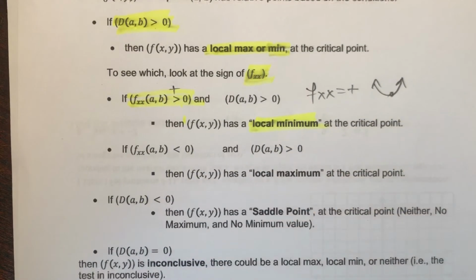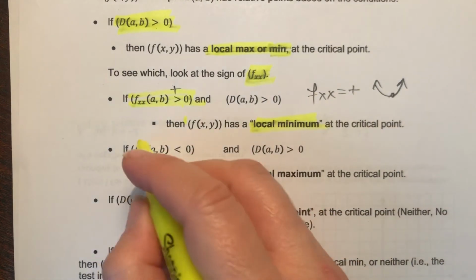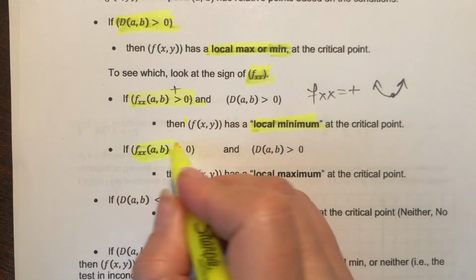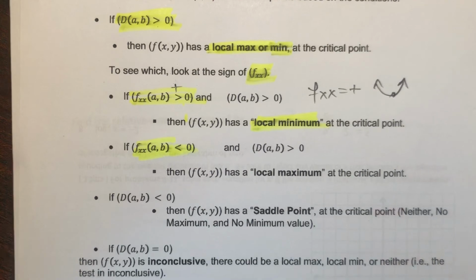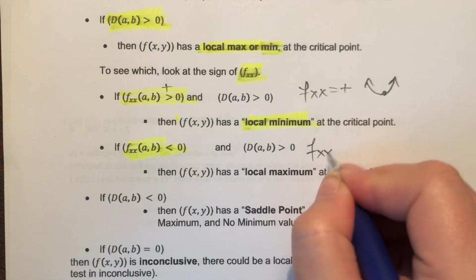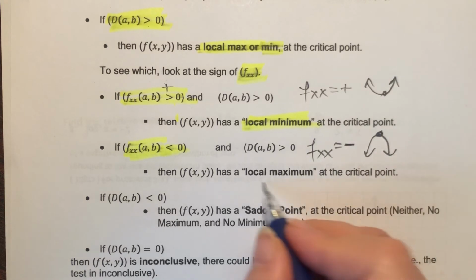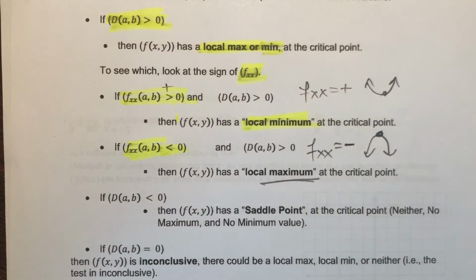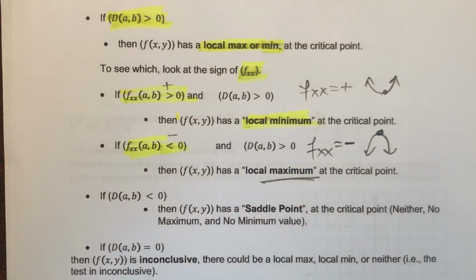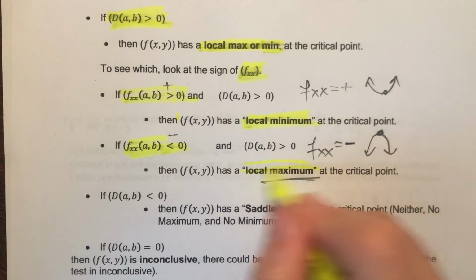Now, if fxx is negative, then you got yourself a maximum. So a negative fxx is a maximum.